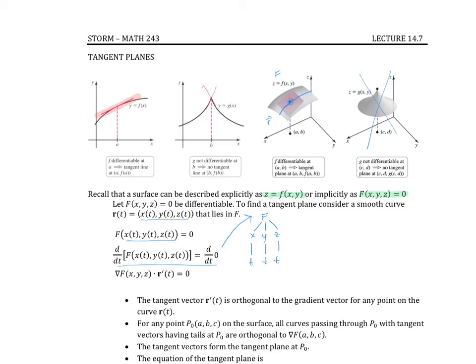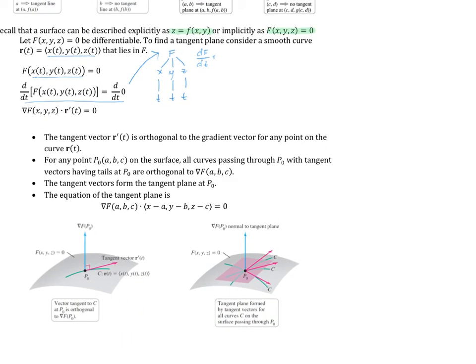So if I were to take the derivative of my function with respect to t, then following along my branches, I have the partial derivative of f with respect to x times the derivative of x with respect to t, plus partial derivative of f with respect to y times dy/dt, plus partial with respect to z times dz/dt.